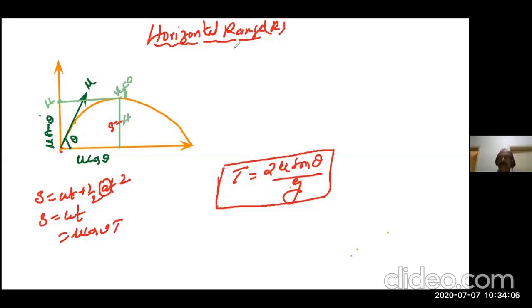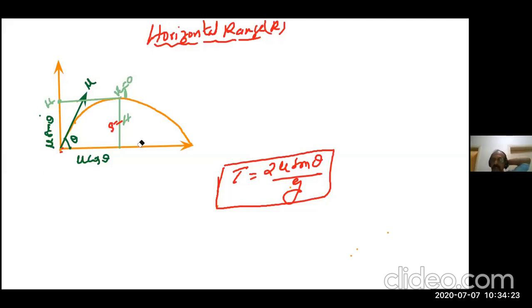Horizontal range. It is the distance traveled by the projectile in horizontal direction during the time of flight.